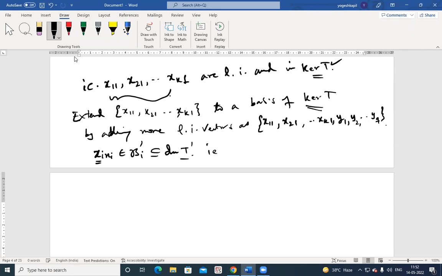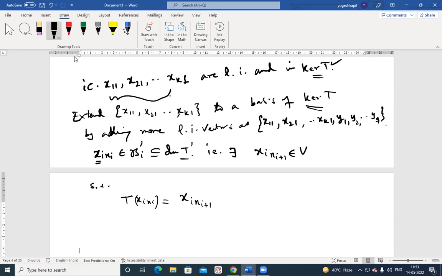That means there exists xi ni plus 1 in V such that T of xi ni plus 1 is exactly xi ni.